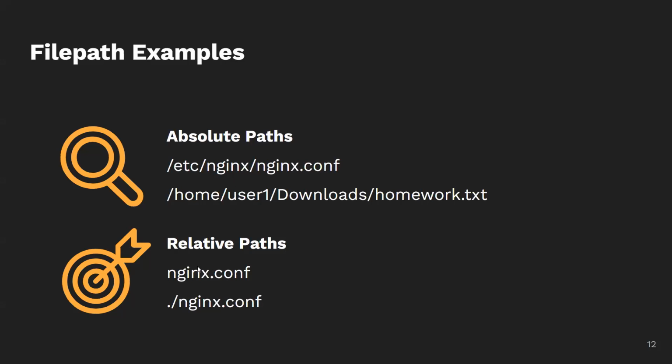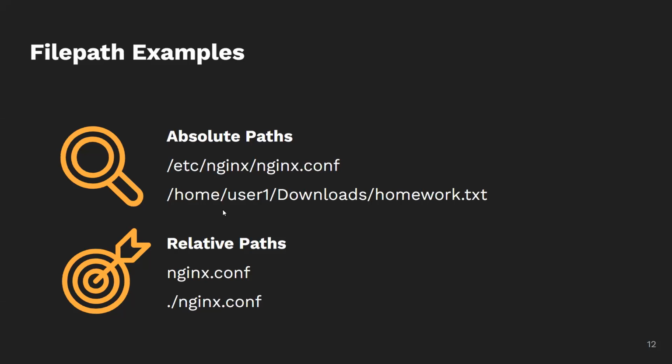I'm looking for a file with this name in this directory. As you can kind of tell, it makes things a little bit faster. You don't have to write as much or type in as much, but you do have to know where you are and where what you want is. So that's the trade-off between absolute paths and relative paths.